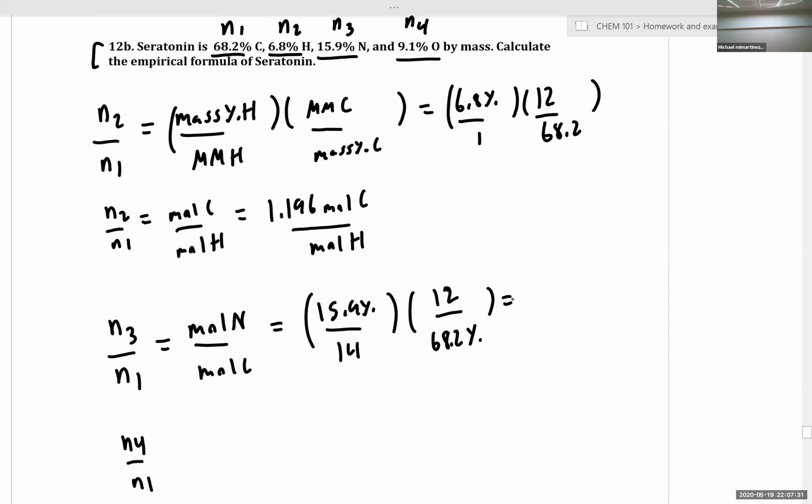That gives us 0.199 moles of nitrogen per mole of carbon.